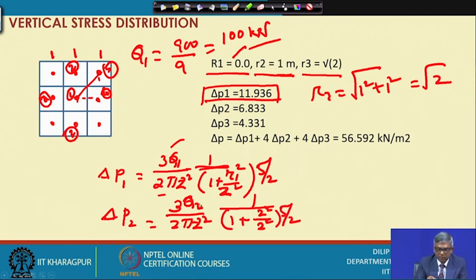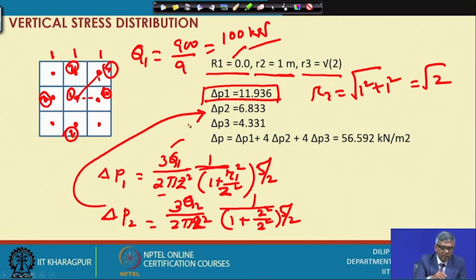Q1, Q2, Q3 all are the same, so it will be 300 by 2 pi z square, and this z is nothing but 2. If I apply this equation, I will get this value delta P2.